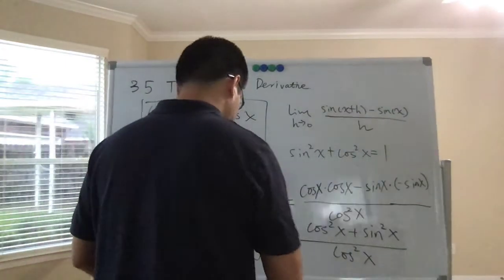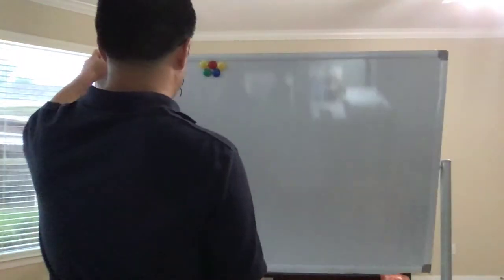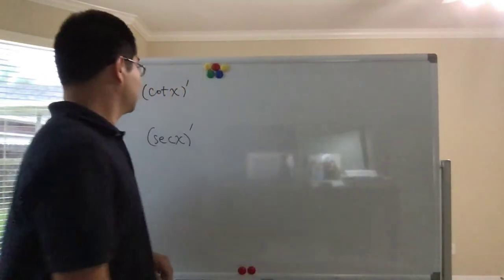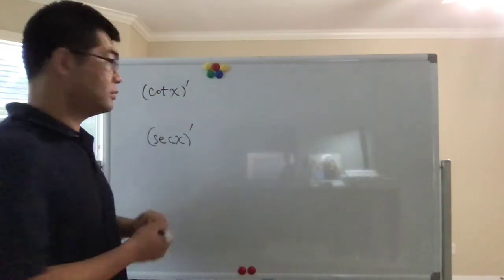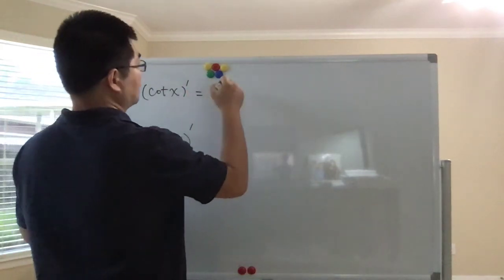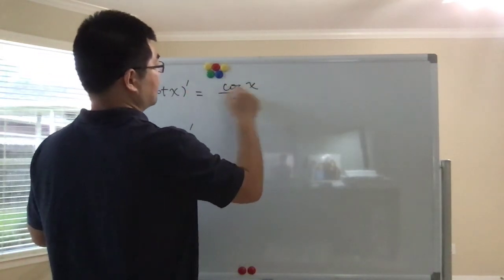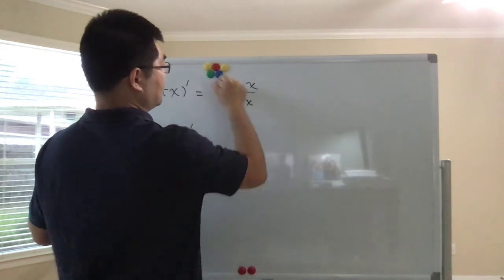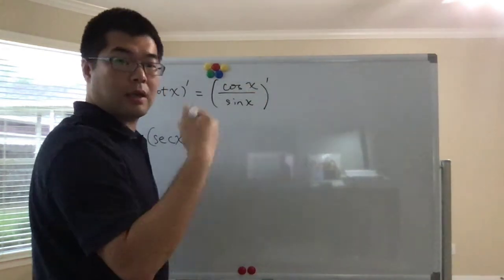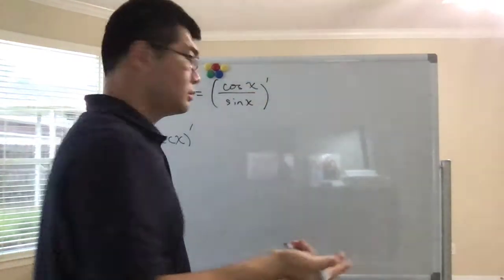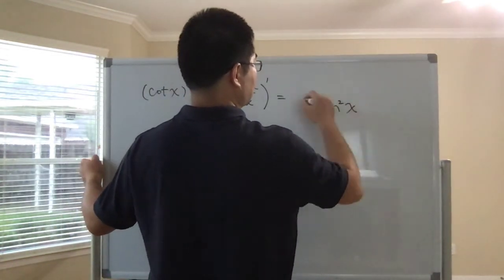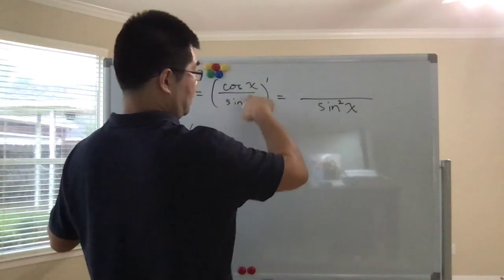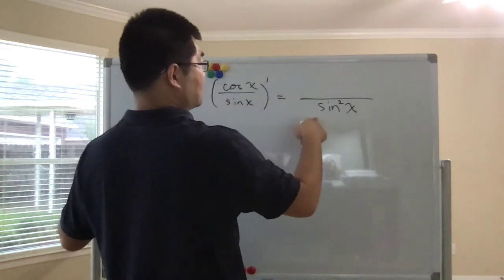So how do we handle the derivative of cotangent x? Same thing. Rewrite it as cosine of x over sine of x, and then apply the quotient rule, which is sine squared of x on the bottom, and on top, remember, low d high minus high d low.